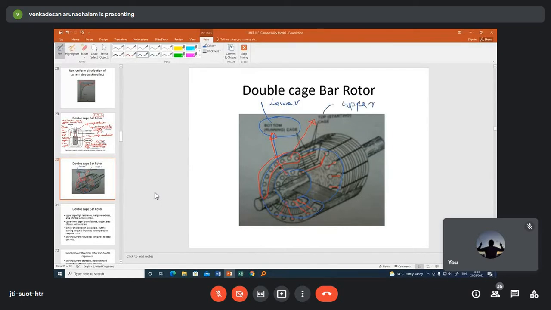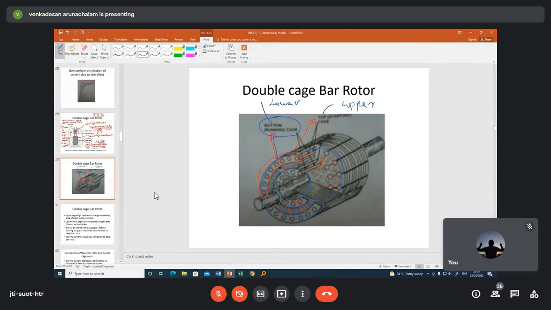You have two layers of cages in which the conductors are placed, and both are connected through small conductor rods. You can see here, this is a small conductor rod.